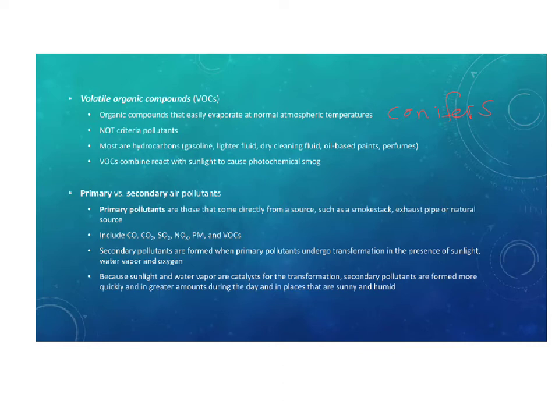Secondary pollutants are formed when primary pollutants undergo transformation in the presence of sunlight, water vapor, and oxygen. So again, primary come directly from a source, and secondary pollutants are formed when the primary pollutants undergo transformation.